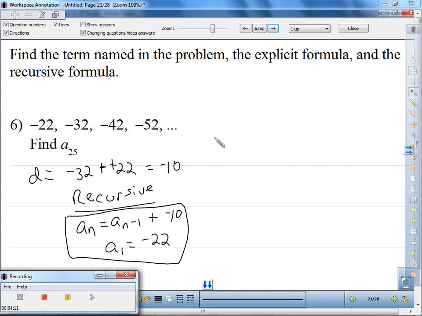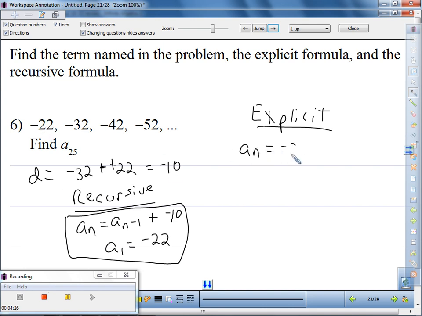Alright, now we're going to find the explicit formula. Now the explicit formula, we're going to need the a1, so we're going to have a sub n is equal to a1, which is negative 22, plus our common difference, which is negative 10 here. So we'll have minus 10 times n minus 1.